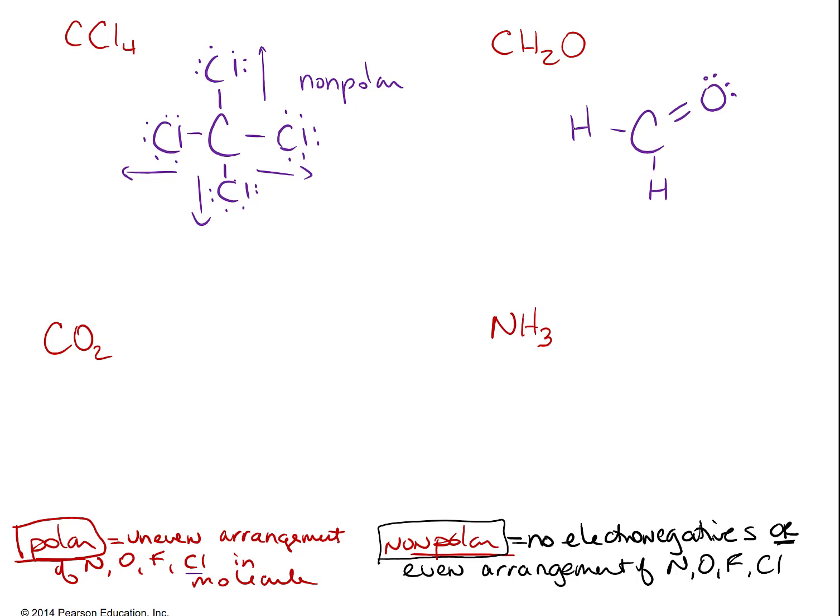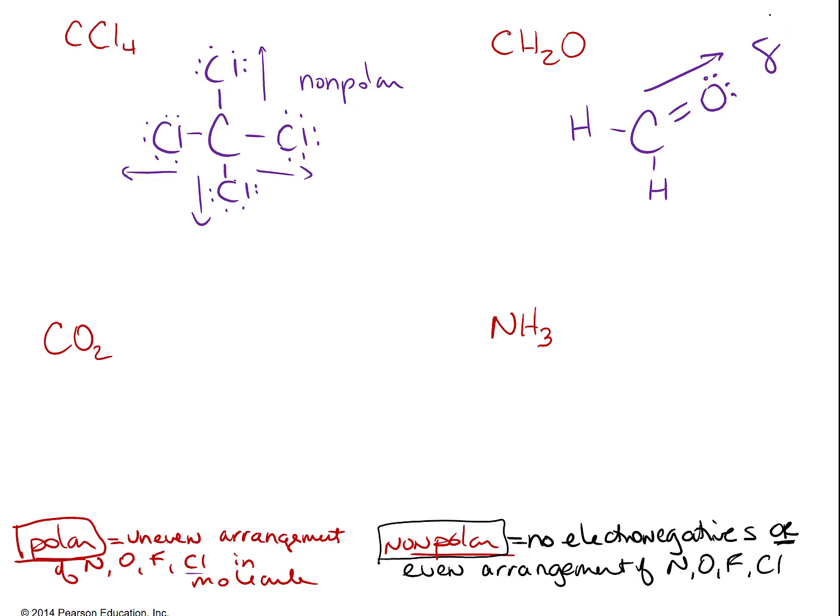In this one, CH2O, this is trigonal planar. Remember that the carbon is in the same plane as the oxygen and the hydrogens, and it ends up looking like a little triangle shape, flat on the table. Seeing this one oxygen, electrons get pulled this way.